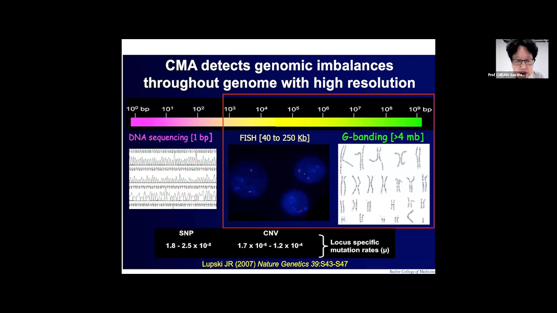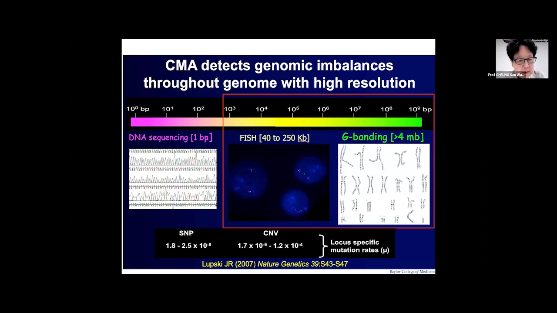Using the fluorescent probe, you can study the presence or absence of the gene.